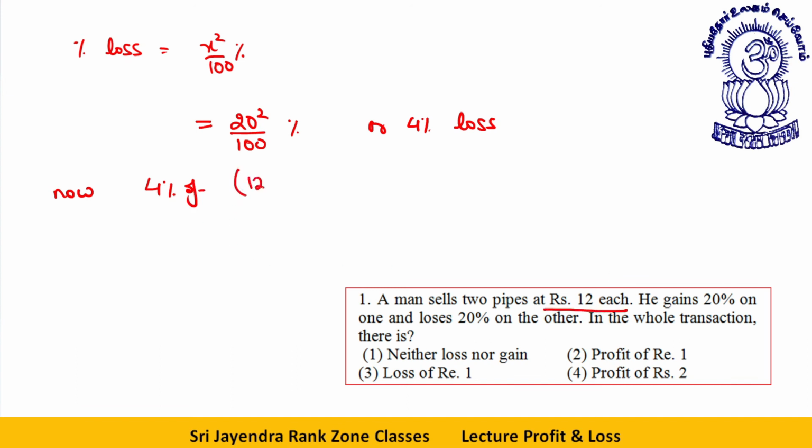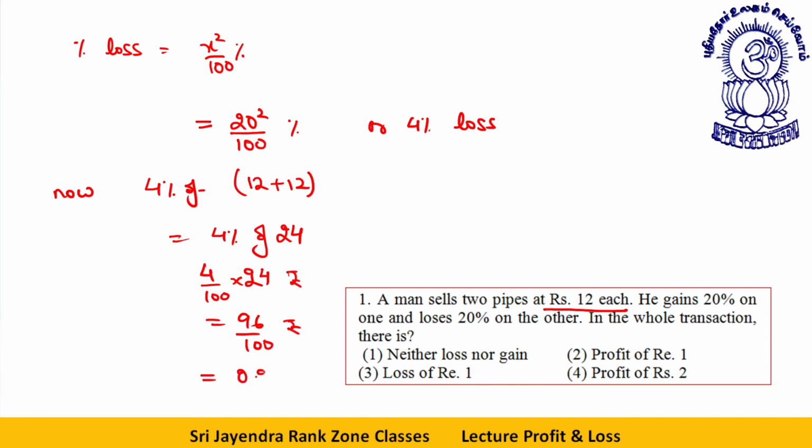So 4% of 12 plus 12, that is 4% of 24. This will be approximately 1 rupee. Okay. 4 by 100 into 24, or you can say 96 by 100 rupees loss. 0.96 rupees loss. That will be equal to 1 rupee. This is your answer. Option 3, 1 rupee loss.